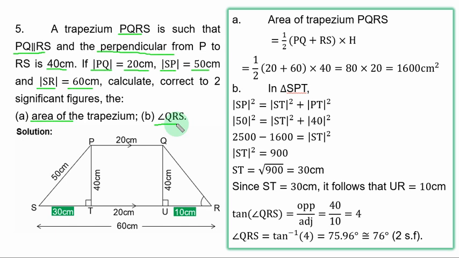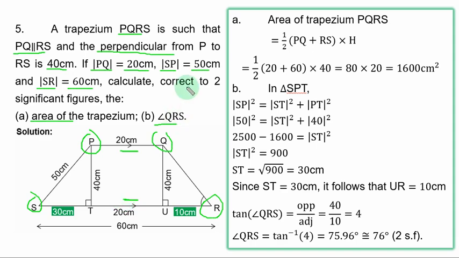Solution. The diagram below simply represents the information from the question. PQ is parallel to RS. So from the order of the letters, you have P, Q, then R and S. This symbol shows that PQ is parallel to RS.